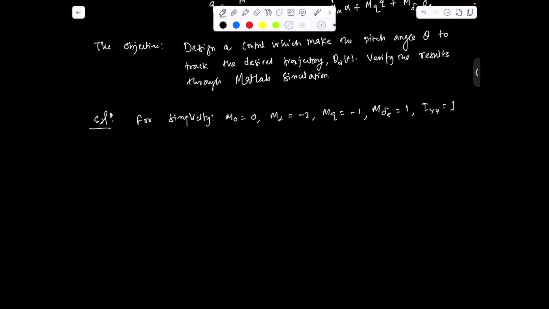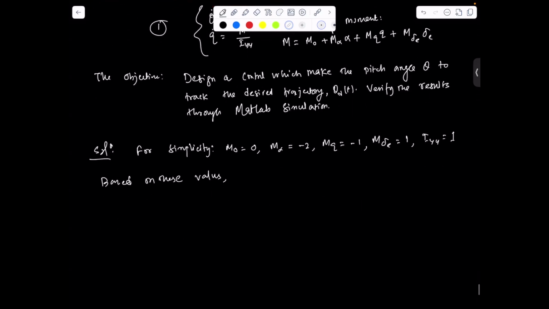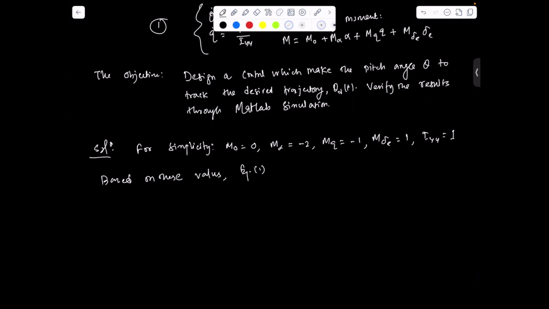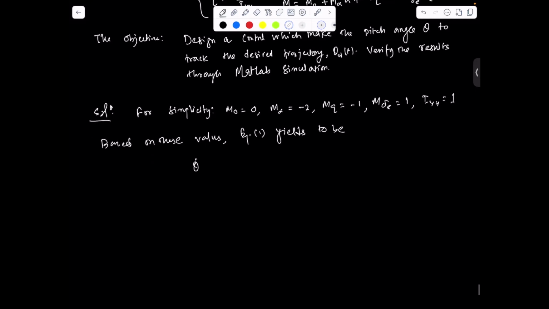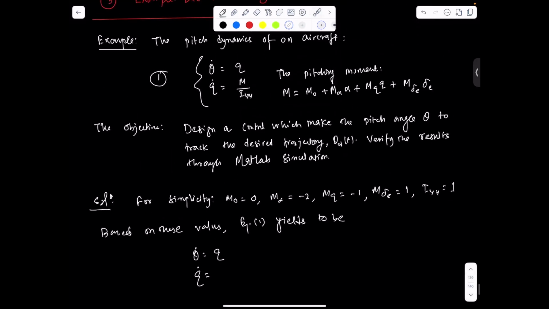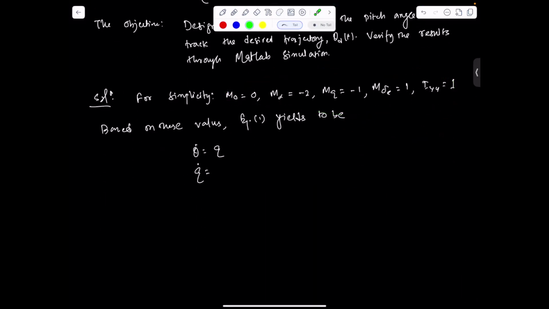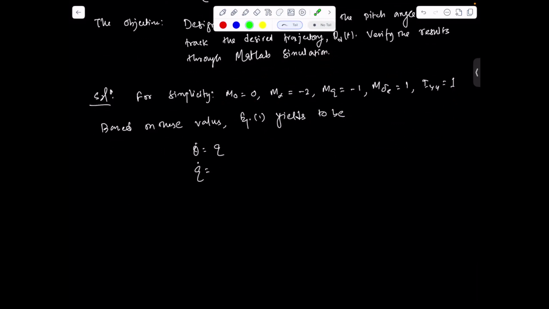Based on these values, our system dynamics, which is defined by equation 1, yields theta dot equal to q, and q dot, substituting these values in this equation, equal to minus 2 alpha minus q plus delta E.